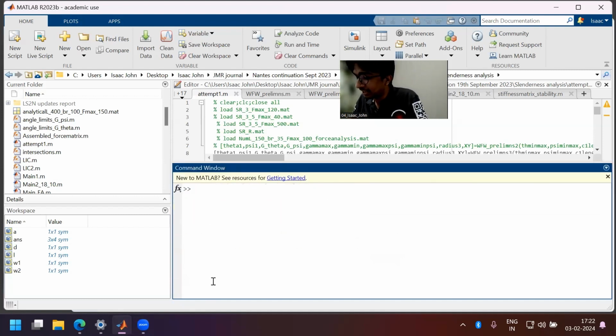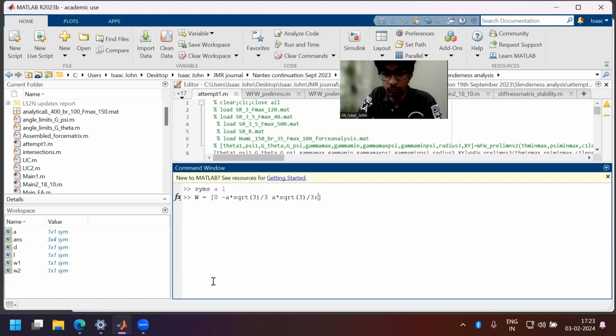So I'll define some variables. Syms is a command to define variables. Our only variables are a and L, right? So I'll write our W matrix to be 0, minus a times square root 3 by 3. Then this third entry would be a times square root 3 divided by 3.